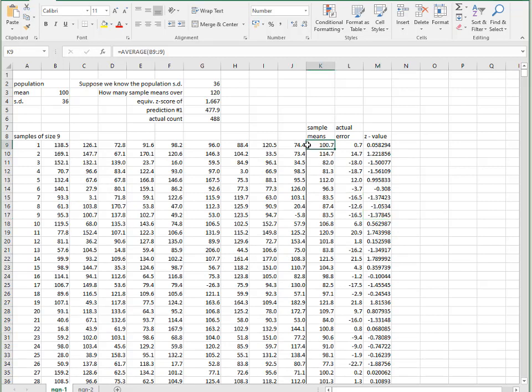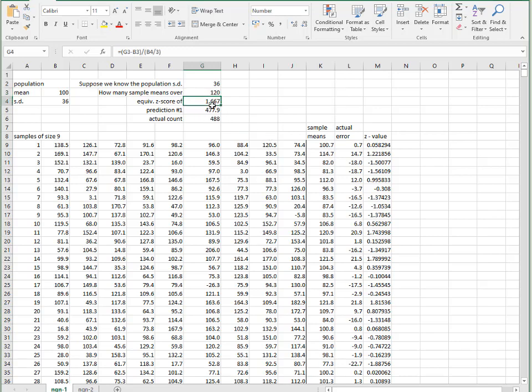Then, again in this hypothetical situation where I know the population standard deviation, I can think of a number, anything at all, for example 120, and predict how many of these means I expect to be above it.